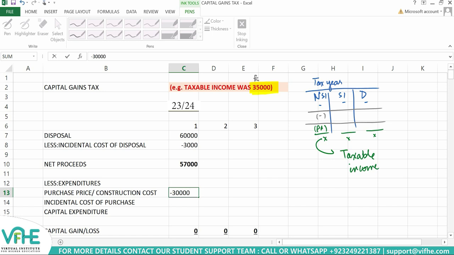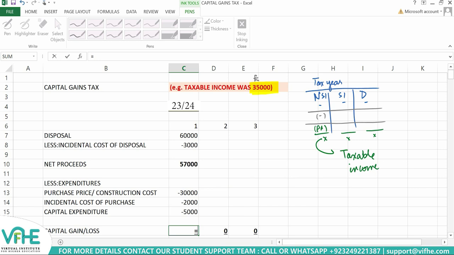So let's say this building was purchased for £30,000. Incidental cost of purchase of £2,000 was incurred on this asset, and capital expenditure of £5,000 was also associated with this asset. So now I'm going to compare.